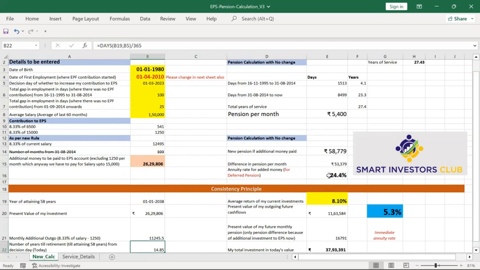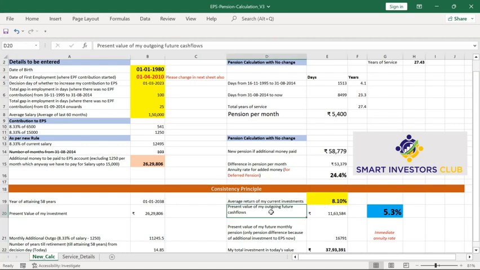Okay, but I'm more interested in what the interest rate is as of today for whatever investment I'm making. So for that reason, we discussed the consistency principle. Through this consistency principle, I'm bringing all the calculations back to today's date, today's rates. Okay, so let me explain this later.